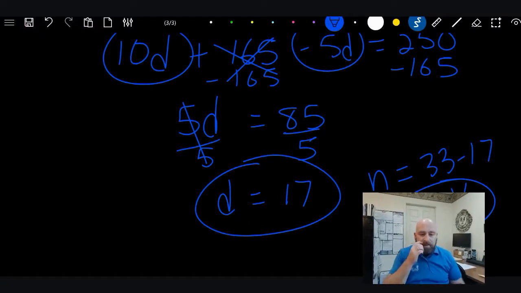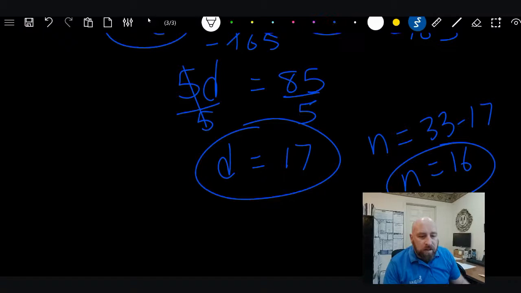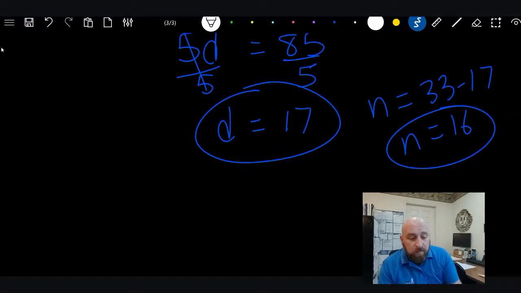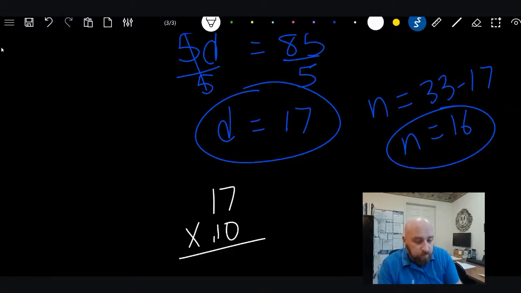Dimes 17, nickels 16. How can we check that? Well, one way that we could check that is to see if it actually gives us 250. So we do 17 times 10 cents and 16 times 5 cents.